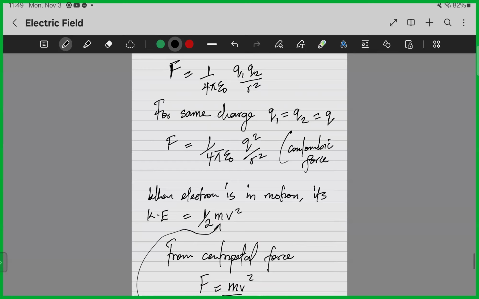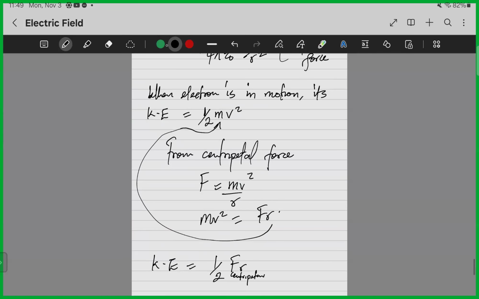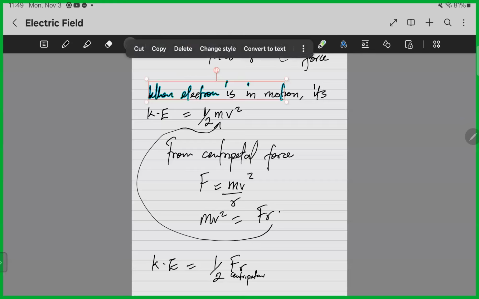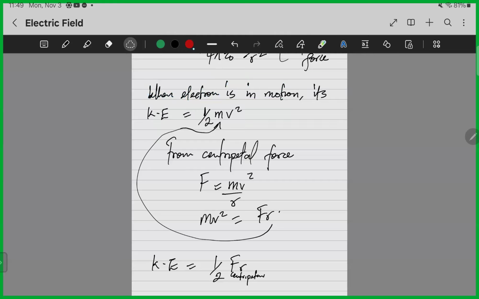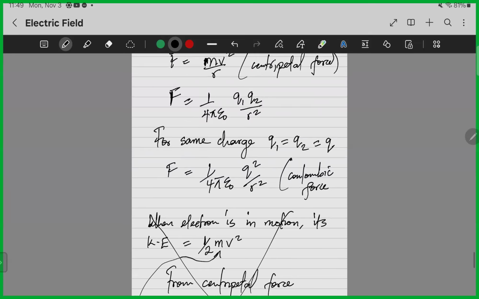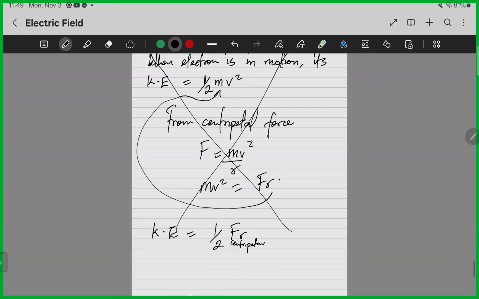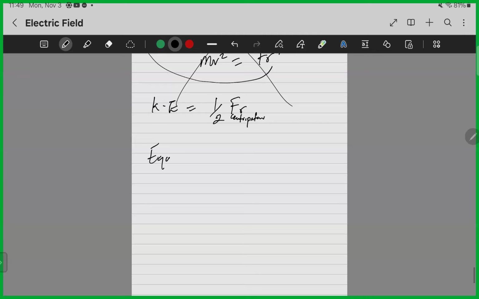So let's equate them first. Sorry, you can ignore this entire part. That's not what we intend to do. I want to do exactly that same relationship. So what I do is equate the centripetal force to the Coulombic force.